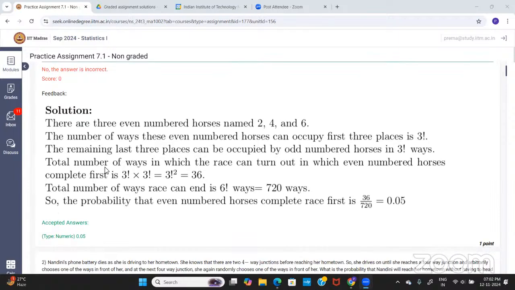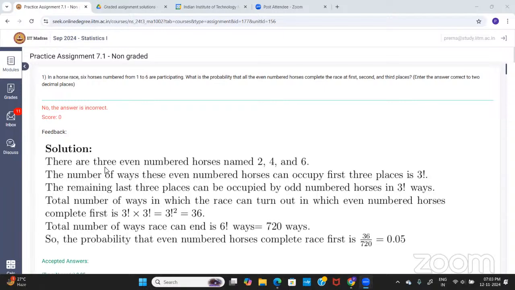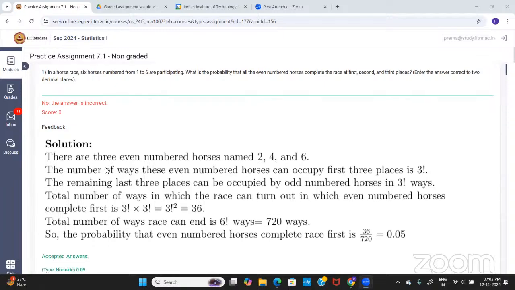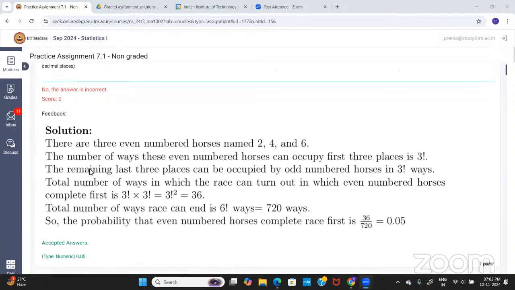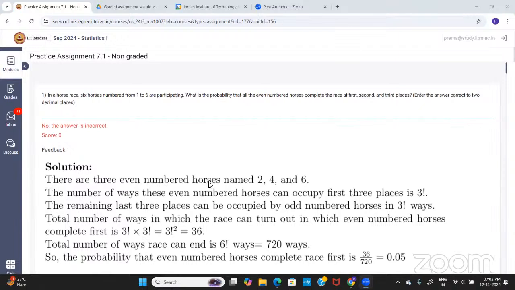Ma'am, is it correct to do it like that? I also didn't understand what they are doing. Ma'am, please explain this. In the given solution, they are taking the three even number horses: 2, 4, and 6.